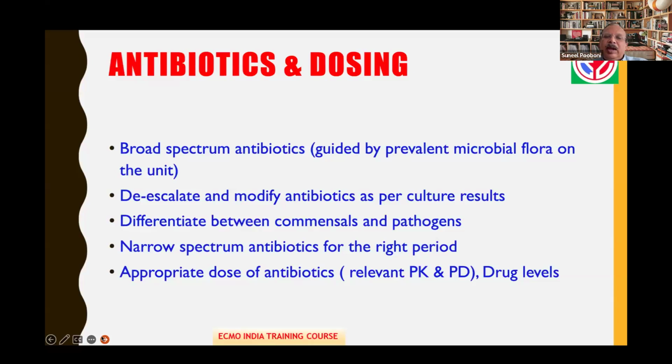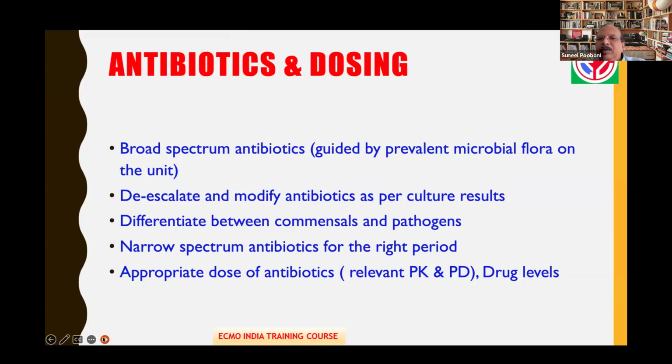Regarding the dosing of antibiotics, broad spectrum antibiotics are commonly started on any patient in any ICU when you suspect infection. We all agree with that, but be guided by the results of the infection screening you send, and de-escalate and modify antibiotics as per the culture results. Differentiate between the commensals and pathogens. Don't treat the commensals, treat the pathogens.